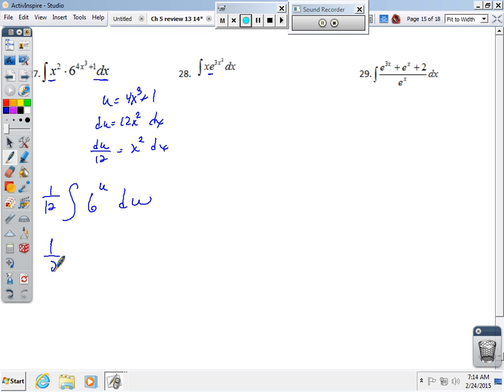So it's going to be 1/12 times a to the u, so 6 to the 4x cubed plus 1 over the ln of a. And that's pretty much it. You can write that as one fraction and be done with that. I just want to make sure my answer's right for that one.